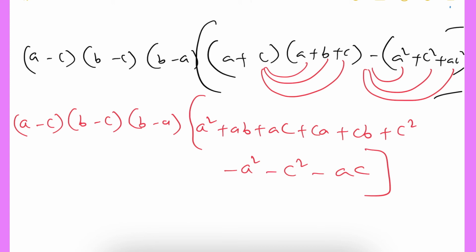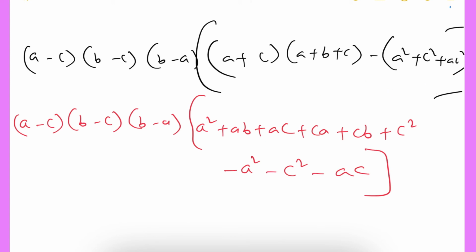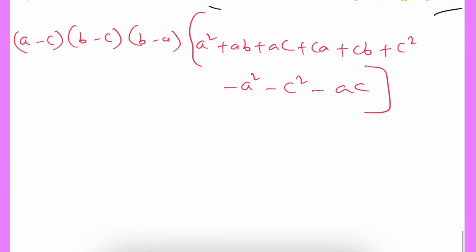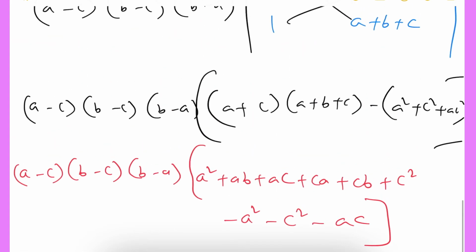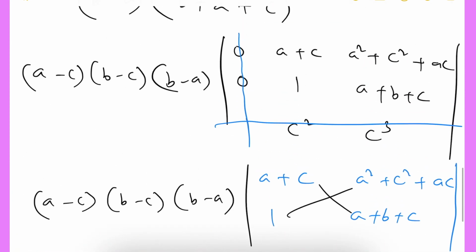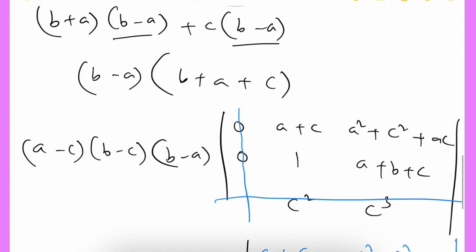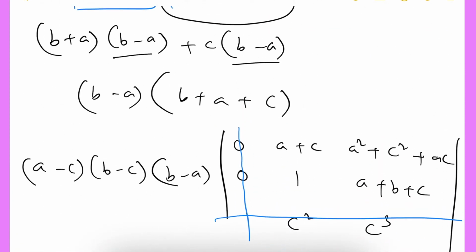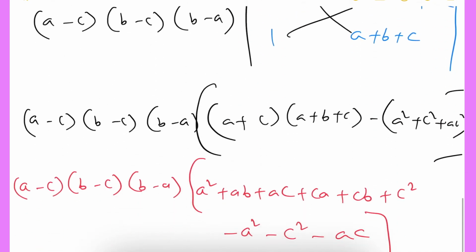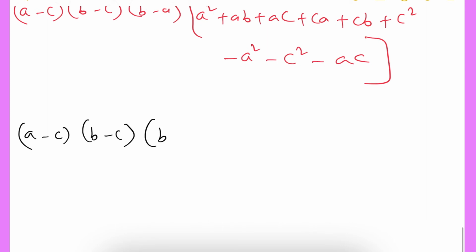Let me close this. Now if any simplification is possible, let us do that simplification. Anyway, the first numbers we can't do anything, so write it as it is. That is (a minus c) into (b minus c) into (b minus a).